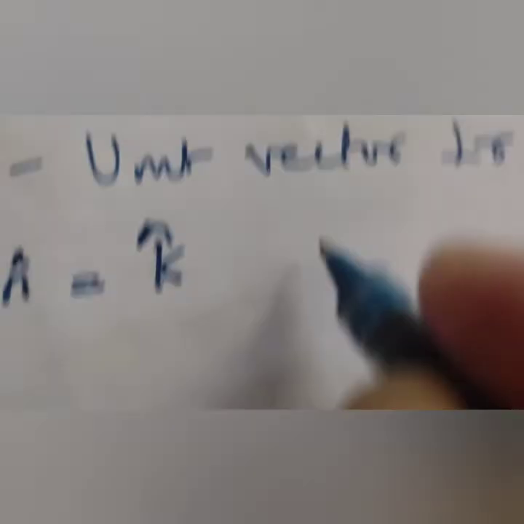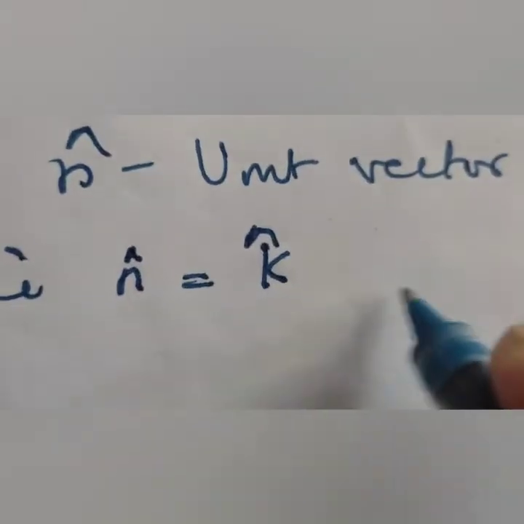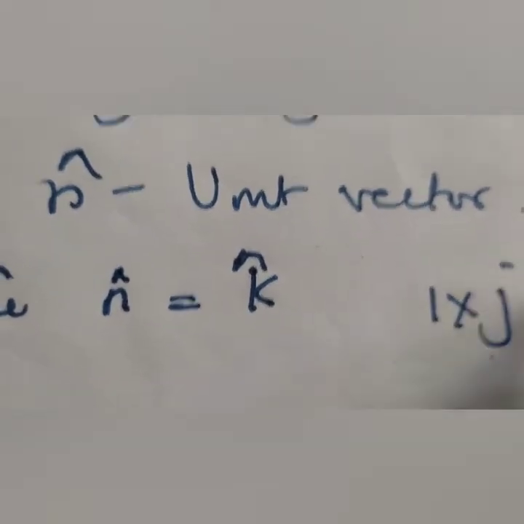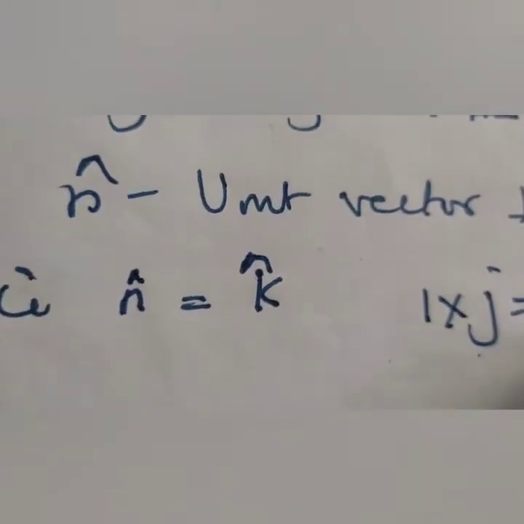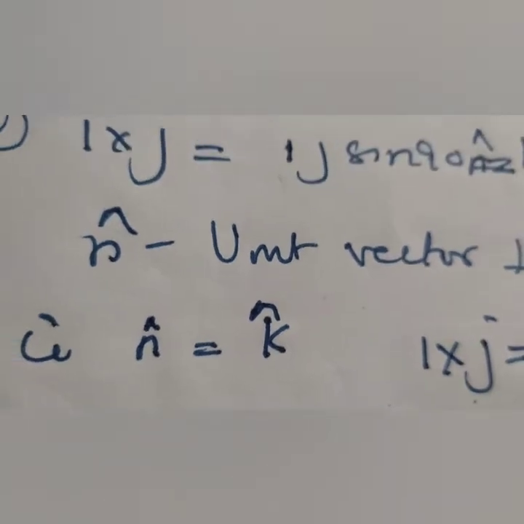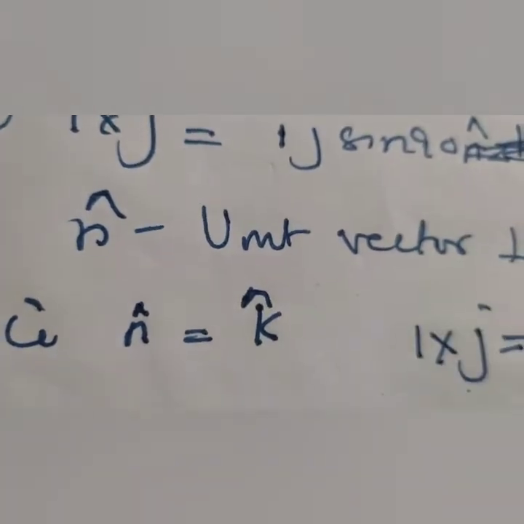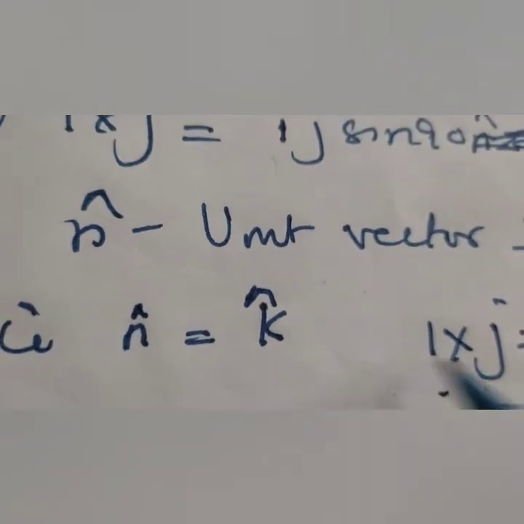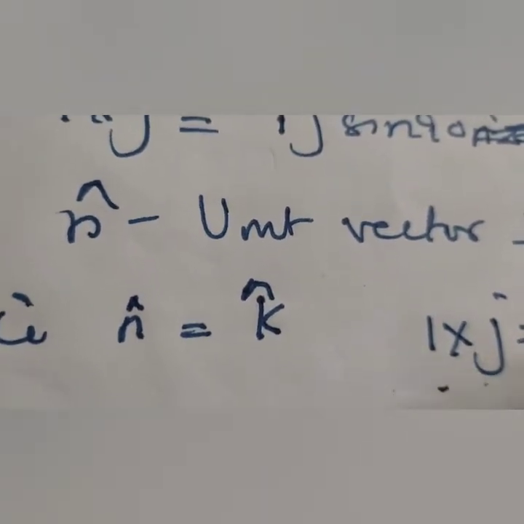That is, I cross J is equal to k, because it is a unit vector perpendicular to both I and J.